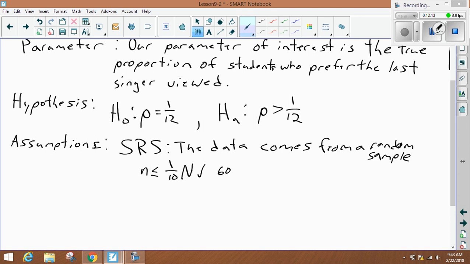So that would be 10 times 600 is less than or equal to N. Is it reasonable to think that there are more than 6,000 students? Yeah.